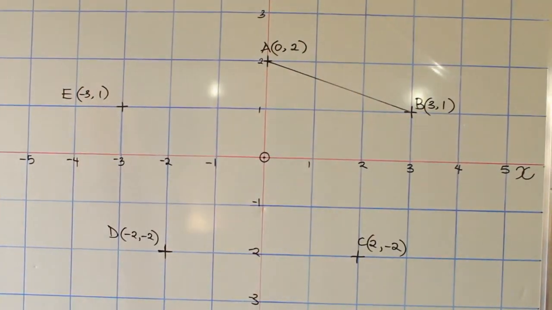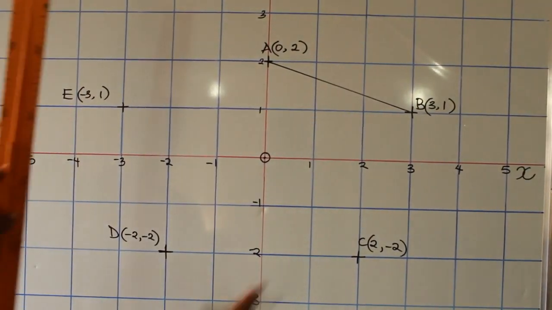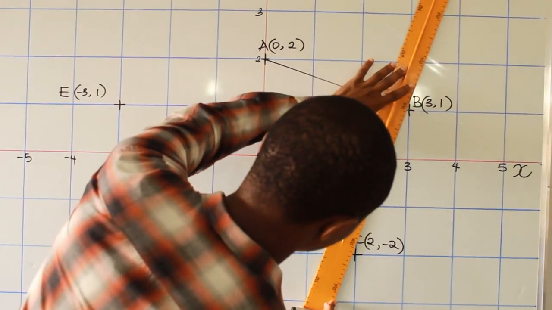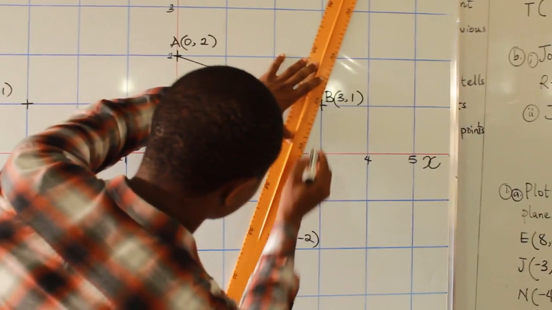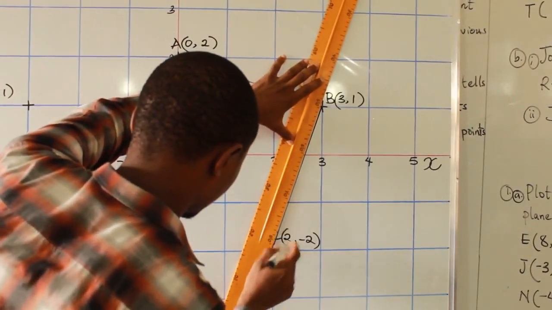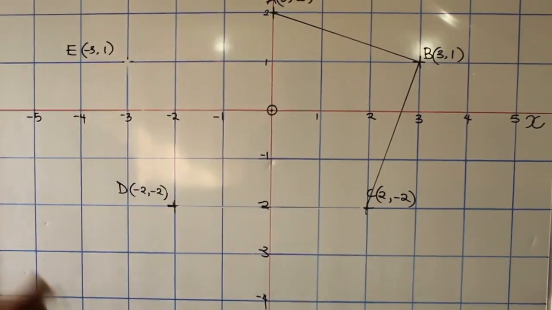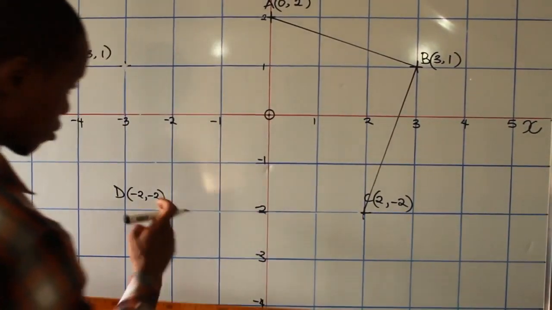That's A to B. Now B to C. This is B, this is C. The next is point C to D.